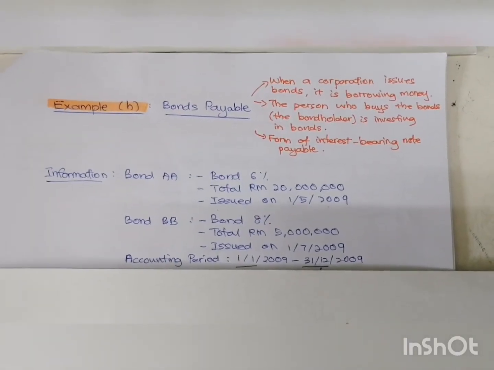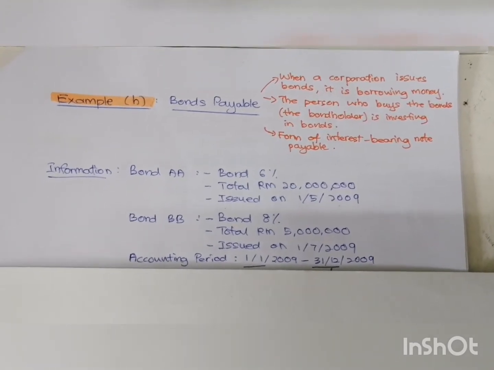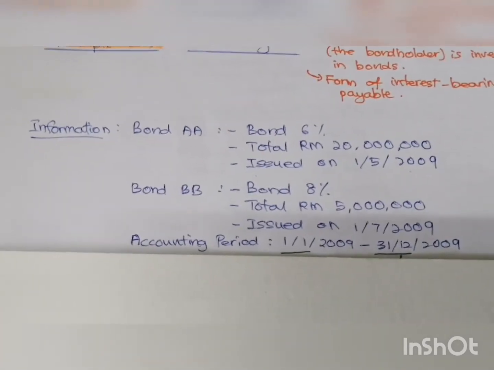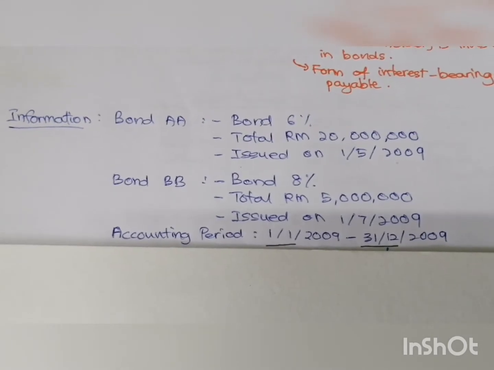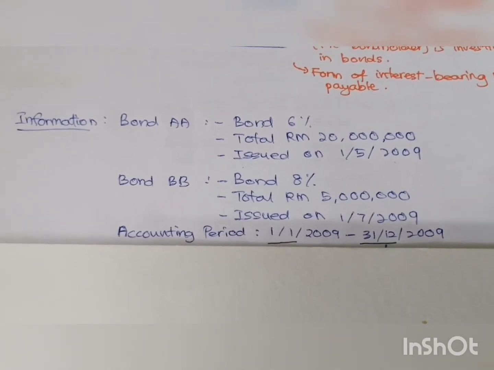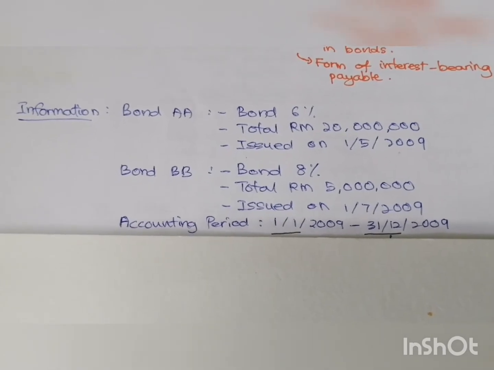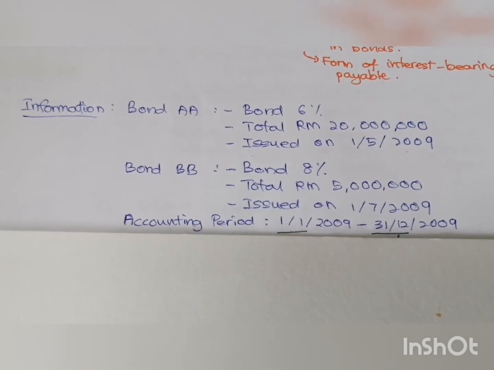Now we look at the way to do this bonds payable question. As I said, before you do anything, you should write down all the information in the question. Bond AA is 6%, totaling 20 million, issued on 1st May 2009.